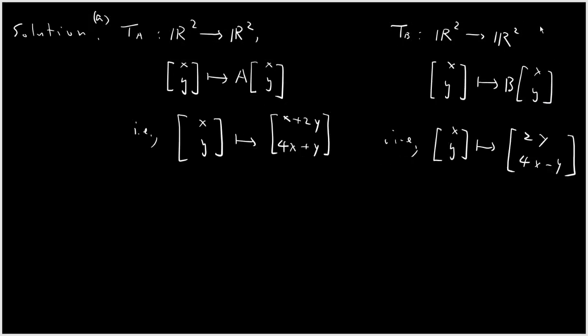Again, in question B, we are looking for the composite of the two linear maps T sub A and T sub B. How about we still use the chain notation?